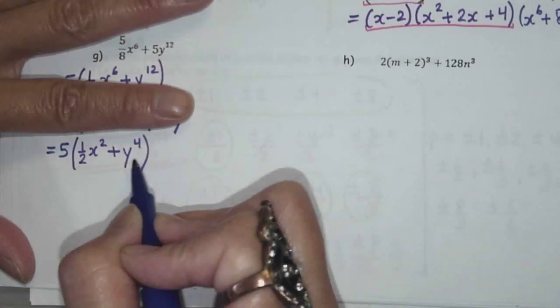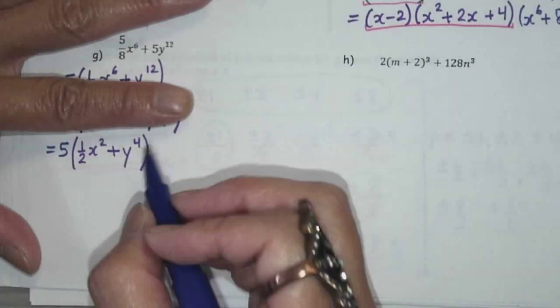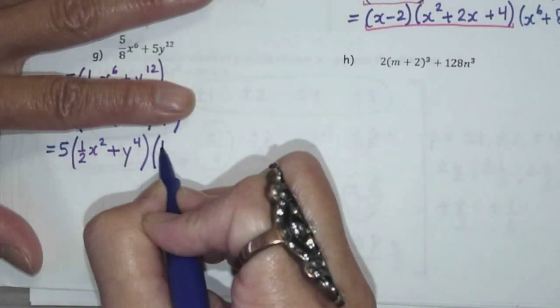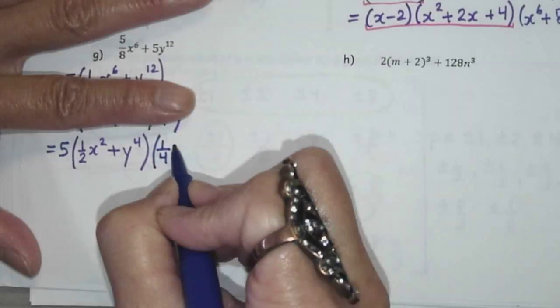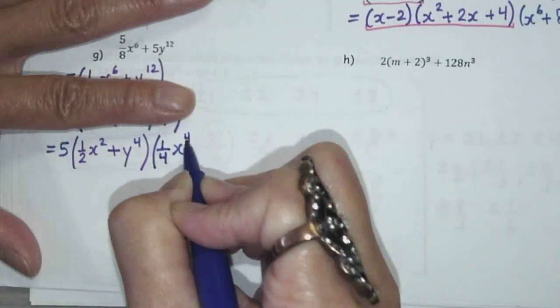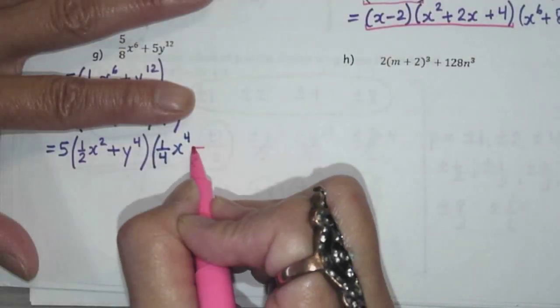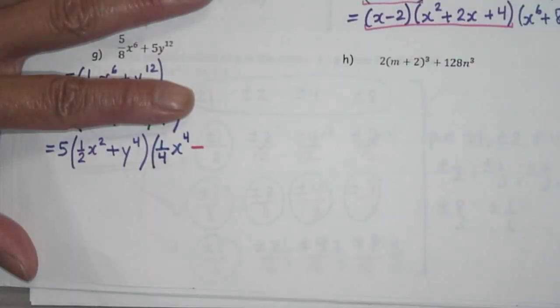Now I need the next pattern. The trinomial is going to be the first one squared, so the first one times itself. This will be 1/2 times 1/2 is 1/4. X squared times x squared is x to the 4. The sign in between has to be minus because it was plus here. So it's minus there.